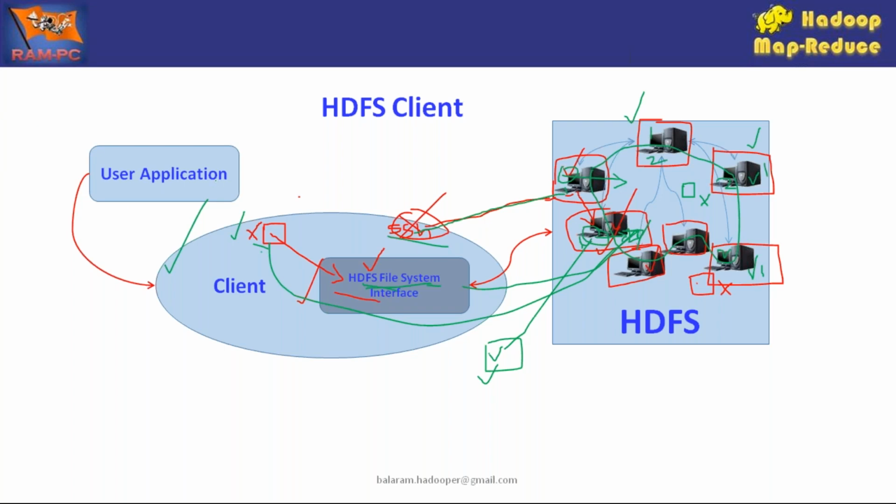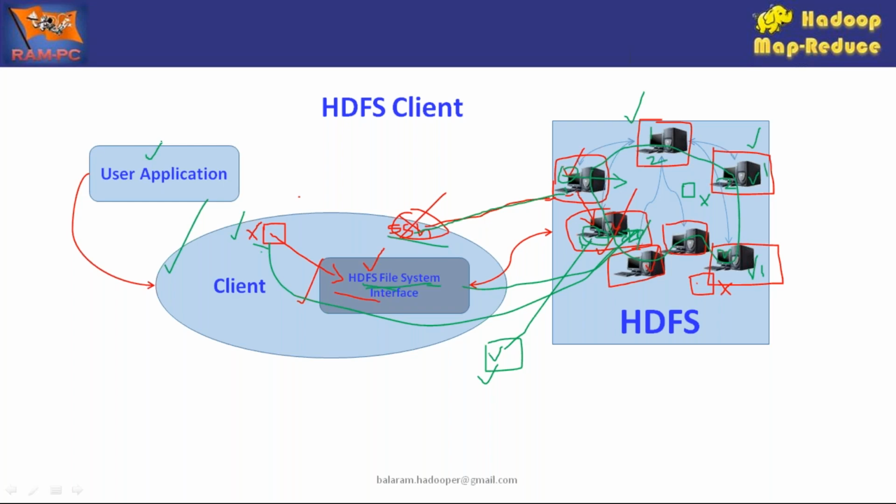So see here, if you have the user application, for example, our mobile application which is working on Hadoop. I'll give a simpler example: the Facebook account website we are opening. That web page is the user application.